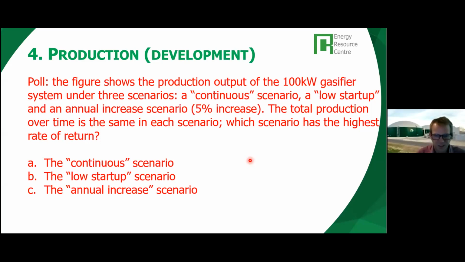Let us see. Share the results. We have an even output: 33% expecting the continuous scenario to be optimal, 33% saying the low startup scenario is optimal, and 33% saying that the annual increase scenario is optimal.